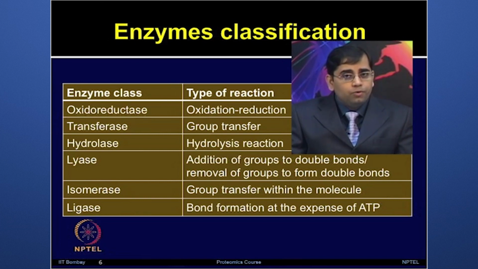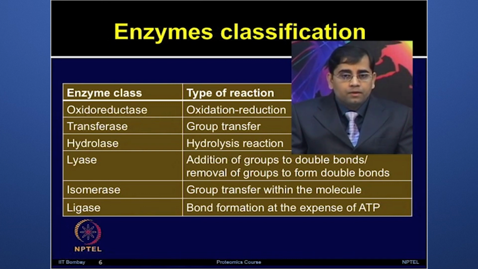Lyase is another group of enzyme which adds group to double bonds or removes groups to form double bonds. Examples include fumarase. Isomerase, as the term says, isomerization. So, these group of enzymes can transfer groups within the molecule. Example, phosphoglucoisomerase.